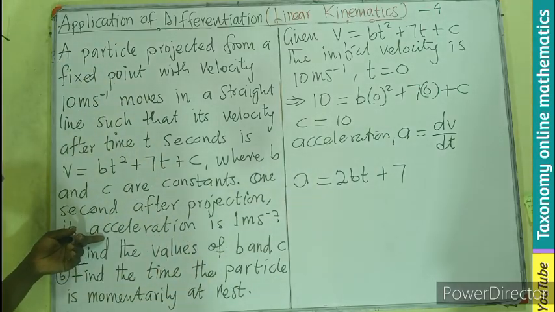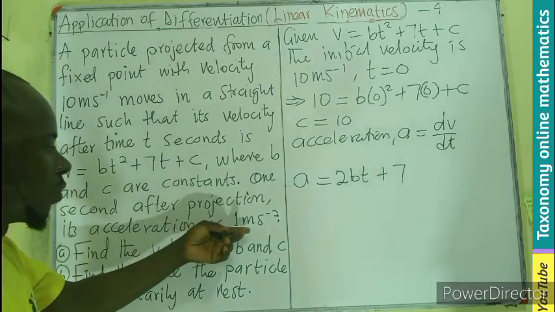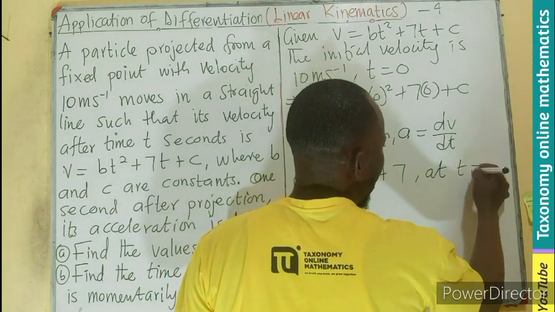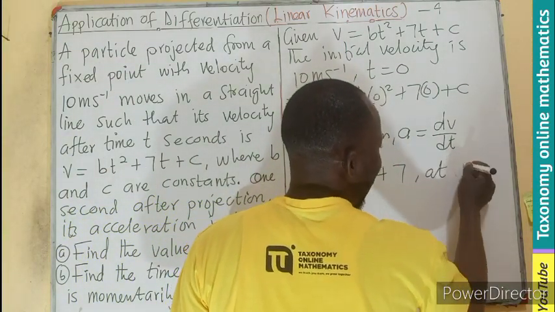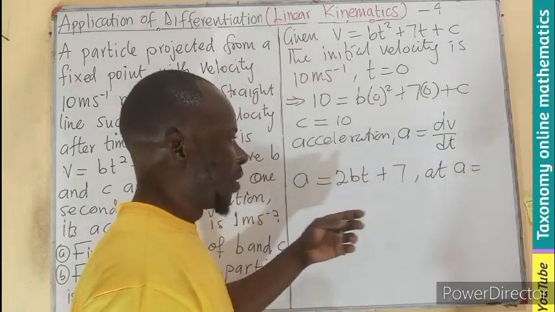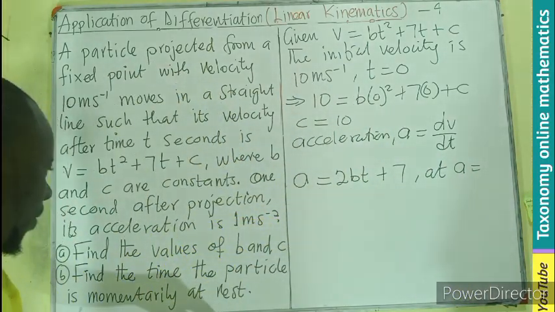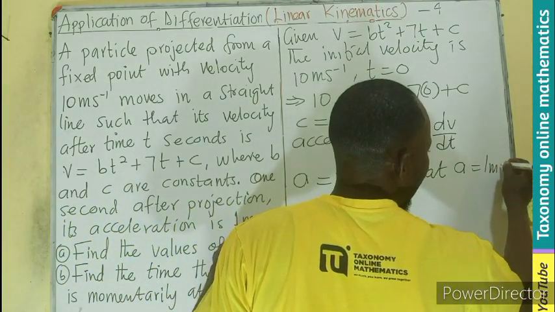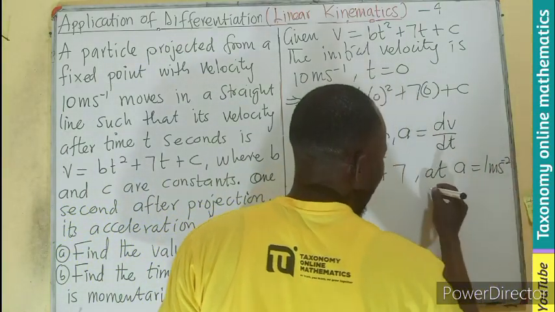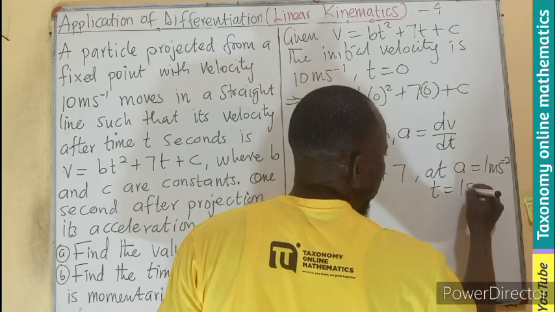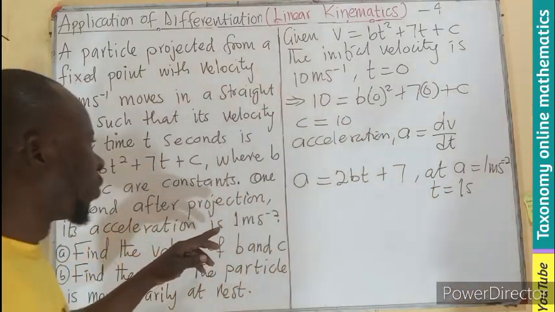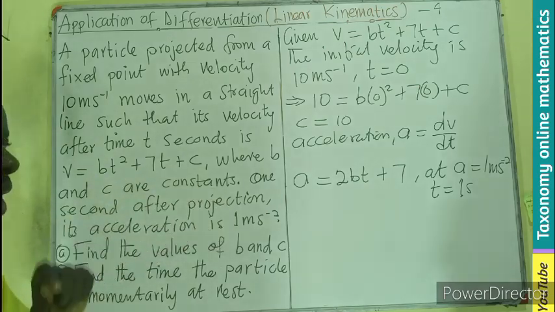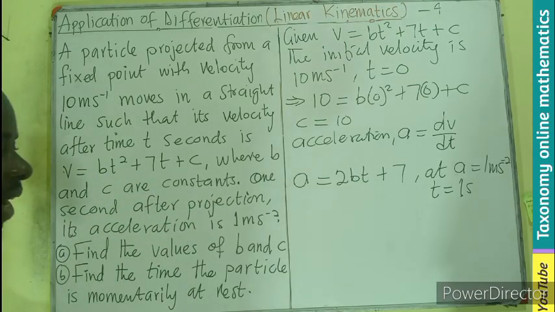The acceleration at that time is 1 meter per second squared, and t is 1 second. We are told 1 second after, so t will be 1 second and the acceleration will be 1.